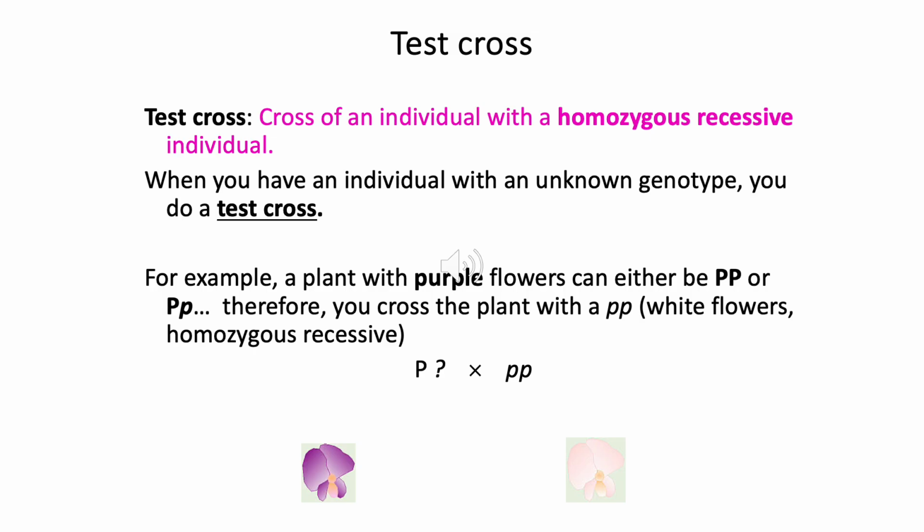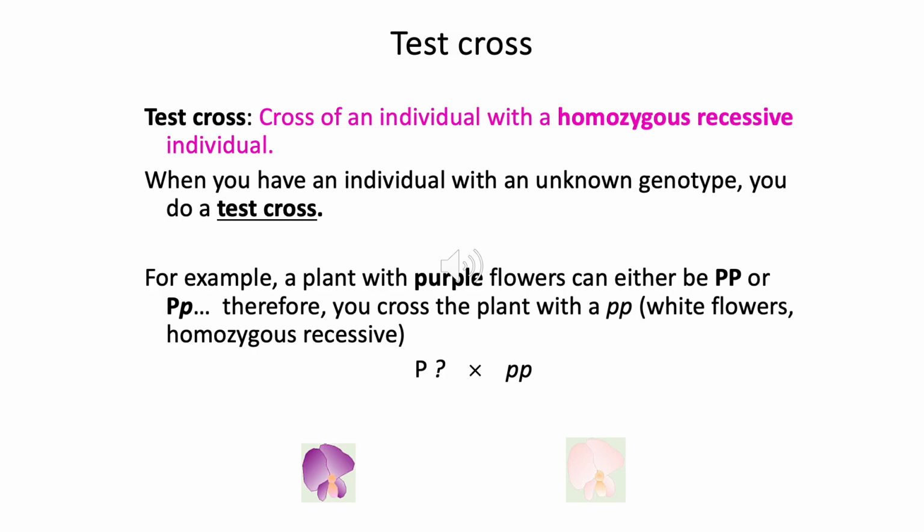A test cross is a cross of an individual with a homozygous recessive individual. This is particularly useful when you have an individual with an unknown genotype and you want to predict its genotype. For example, a plant with purple flowers can be either homozygous capital P or heterozygous, because the dominant effect masks the recessive allele.